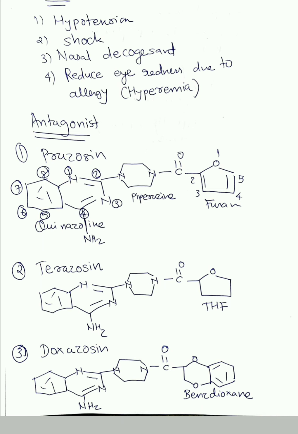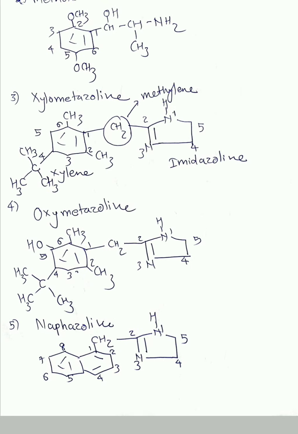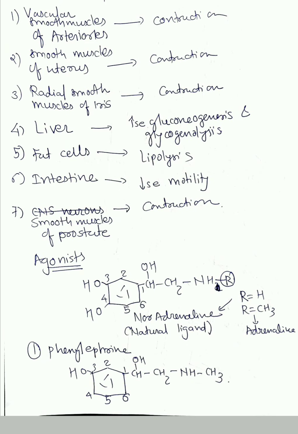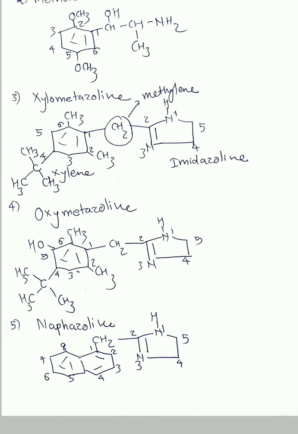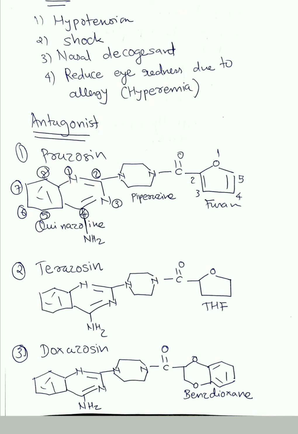Now try to correlate with the function and location of alpha 1 agonist. Okay, please try to remember this. You will be able to easily remember the uses. First use is hypotension, then shock, nasal decongestion and hyperemia. Okay, all these uses are related to muscle contraction only.